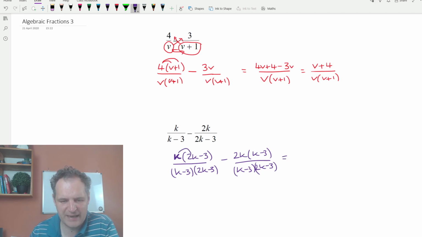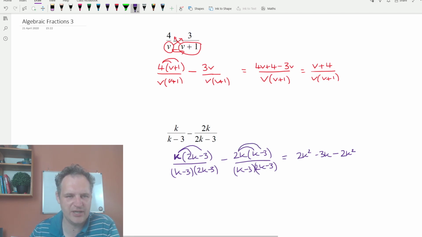We're then going to do some expanding. Be careful with your expanding. 2k squared minus 3k minus 2k squared, and this is the bit that I really want to make sure people don't make silly mistakes on. This calculation here is minus 2k times minus 3, which is why it gives us plus 6k.